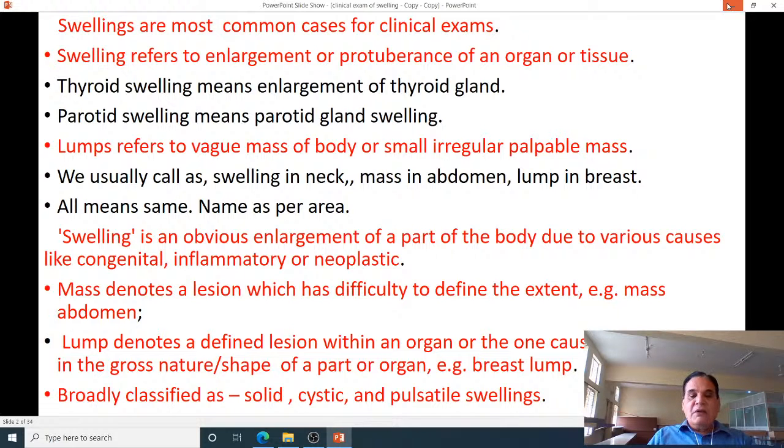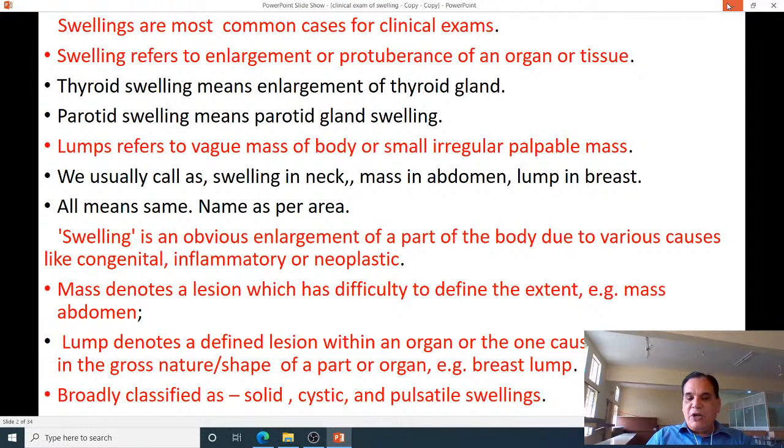So what is a mass? A mass denotes a lesion for which it is difficult to define the extent. Now you are getting a technical difference. In a mass, it is a vague thing extending from this area to this area. It is difficult because in an abdominal mass, you cannot directly identify the edges. So a mass in the abdomen, where definition of the border is difficult.